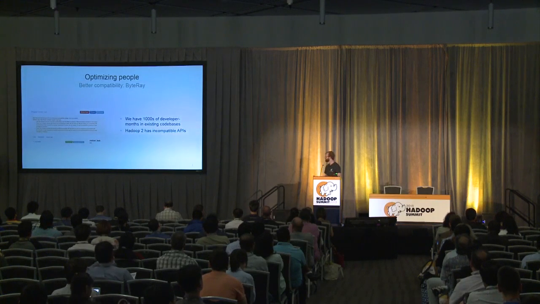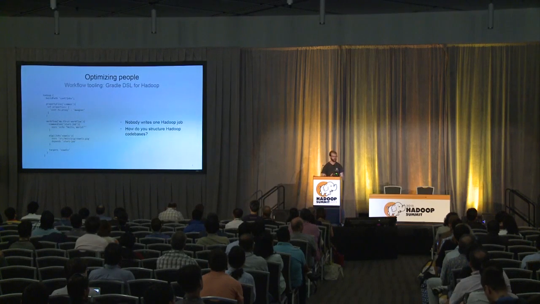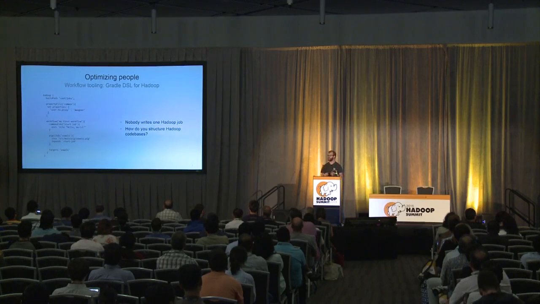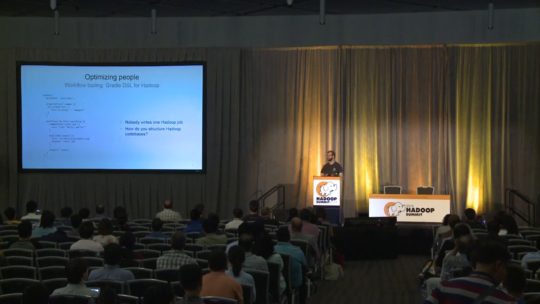Another tool that we have is the Gradle DSL for Hadoop. I think every sizable Hadoop deployment has some workflow manager, whether it's Oozie or Azkaban or Luigi, or I think Airbnb recently announced their new one.